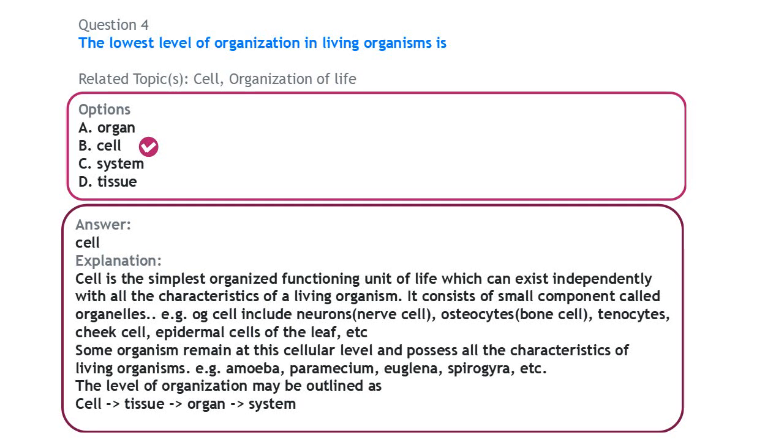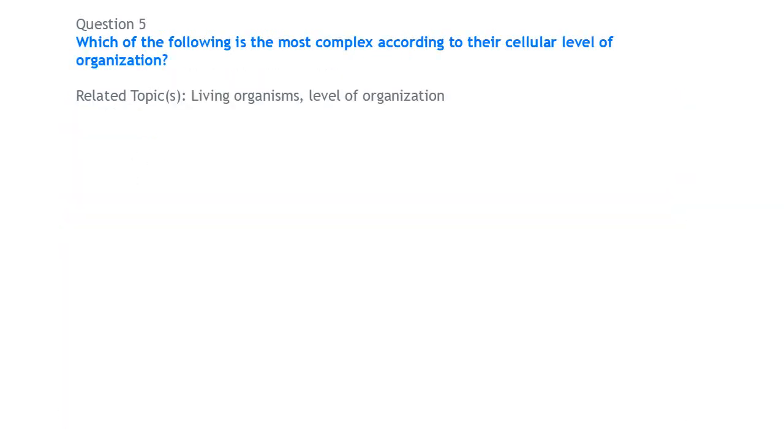So similarly functioning cells will combine to form a tissue, and tissues that have similar functionality combine to form an organ, and then organs form the various systems that we have in the body, like the digestive system, the respiratory system. What you see in every system is that the organs that make up that system have functions that are kind of connected. So the lowest level of organization basically is the cell.